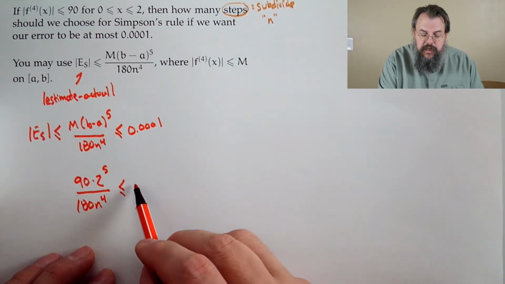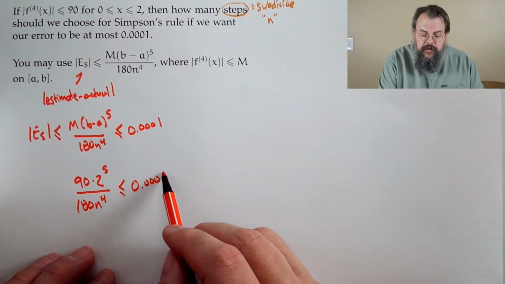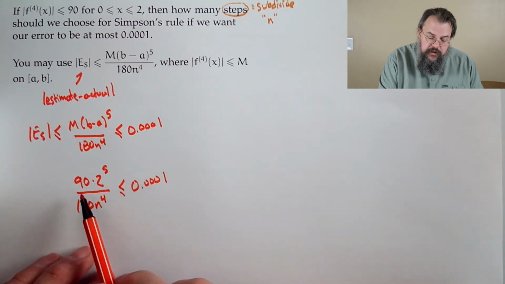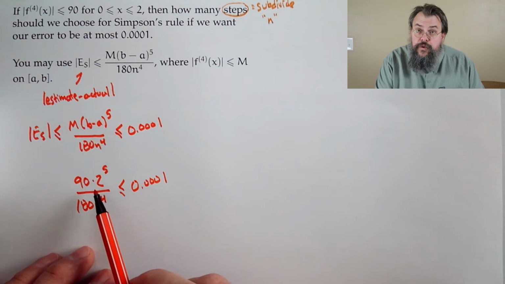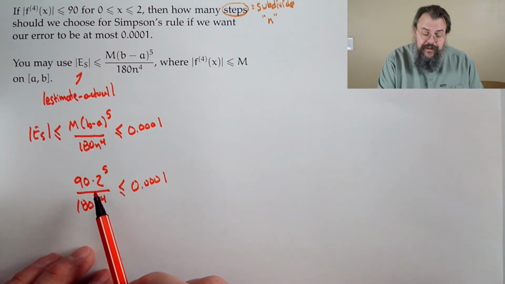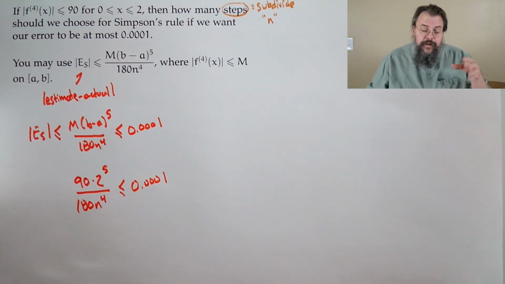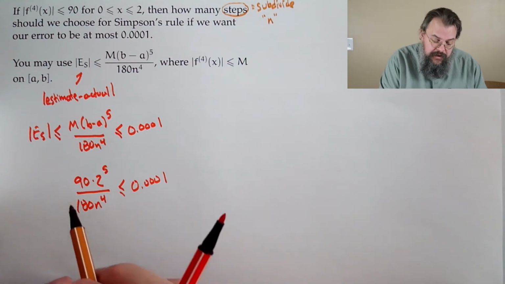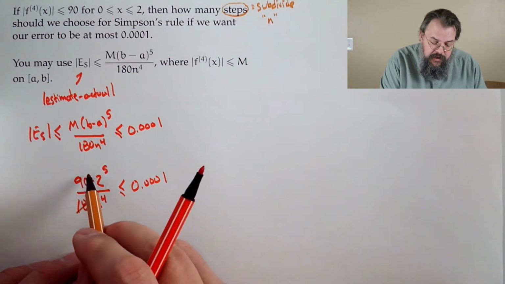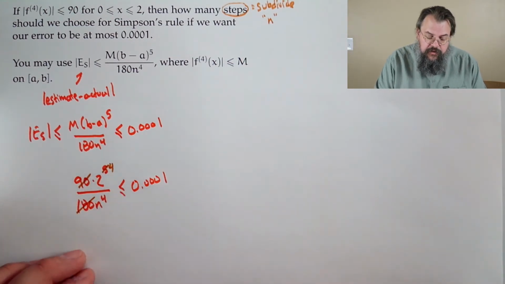We want that to be pretty small. Well, notice 90 times 2 would be 180, so we can do a little bit of cancellation pretty early. So we could say, look, this 180 cancels with a 90 and one of those 2's.